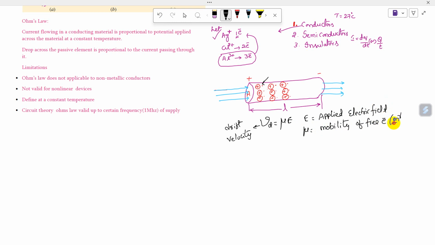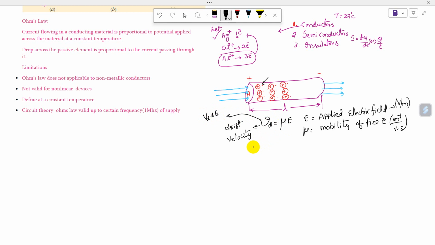Units are meters squared per volt second, and E is volt per meter. So this equation says that the drift velocity of the electron is proportional to the applied field. Here mu, the mobility of free electron, is the proportionality constant.